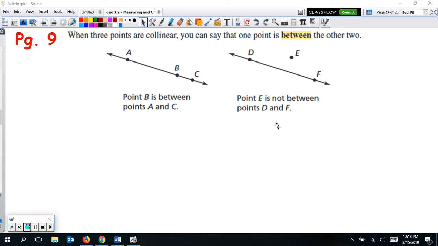When 3 points are collinear, remember collinear was a word from last lesson, they all line up on the same line. You can say that one point is between the other 2. So if three points are lined up, then this middle point B is between the other two. You can go ahead and draw these two, or you can just write down the definition of the word between.